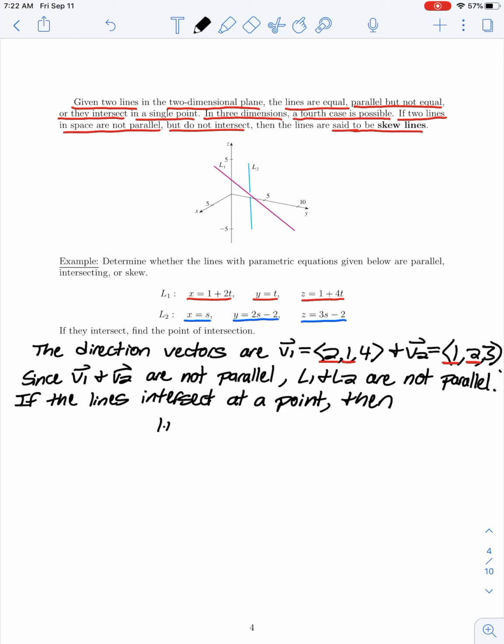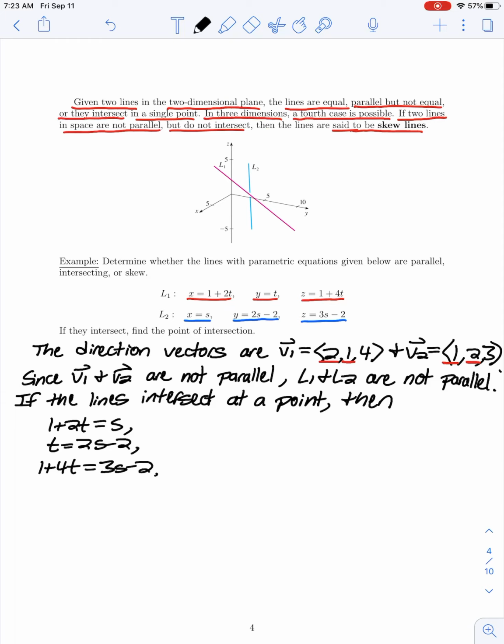So we would have 1 plus 2t is s. The y coordinates would have to be the same, so t would have to equal 2s minus 2, and the z coordinates would have to be the same, so 1 plus 4t would have to equal 3s minus 2.